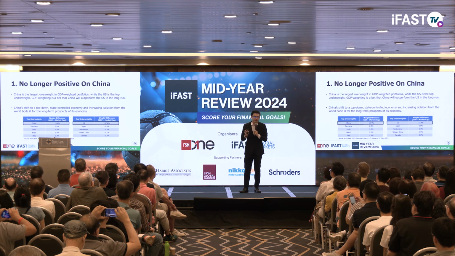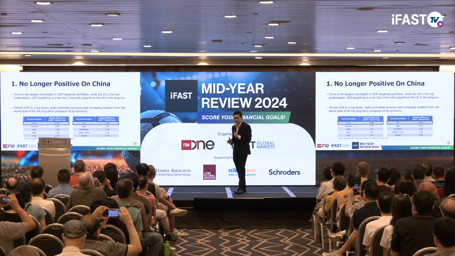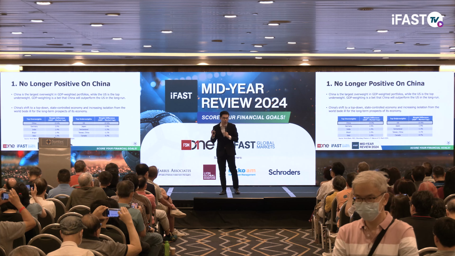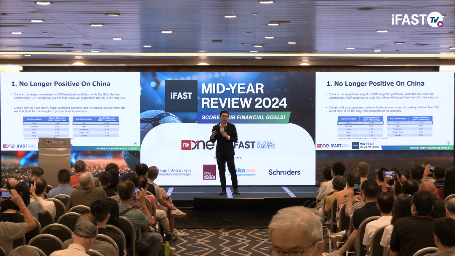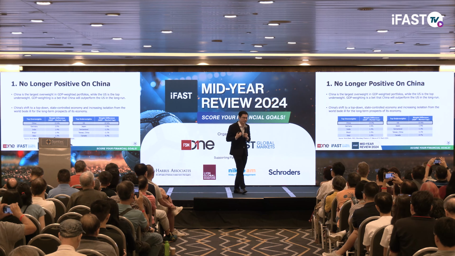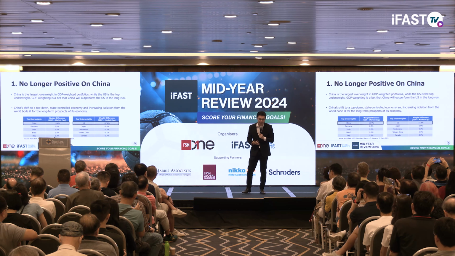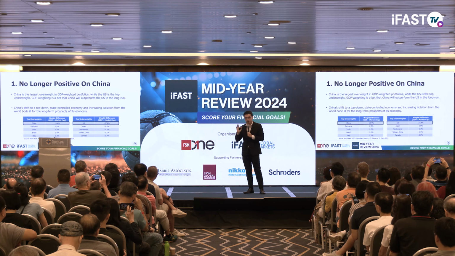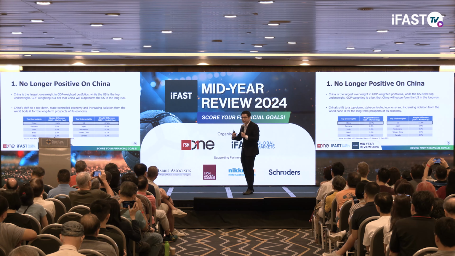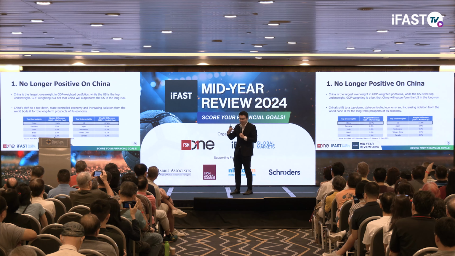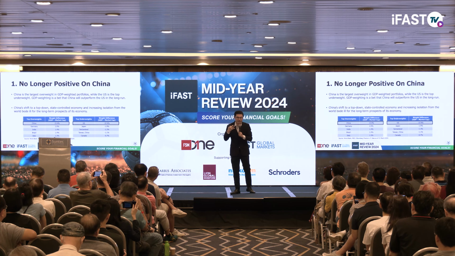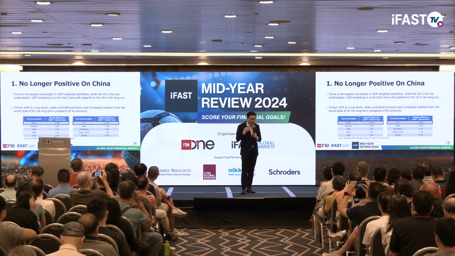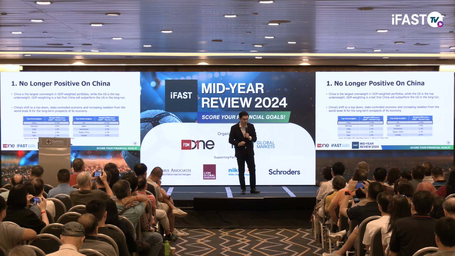Now, the very first reason, the primary reason why we are now switching away from GDP weighting is because we no longer have a positive view on China's long-term economic prospects. One of the characteristics of GDP weighting is that it results in China becoming the largest and very significant overweight position in our portfolios relative to the global stock benchmark.